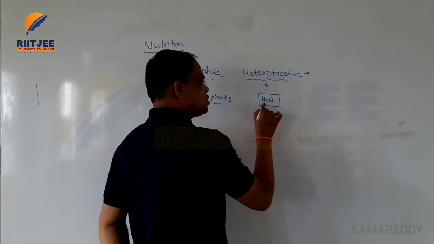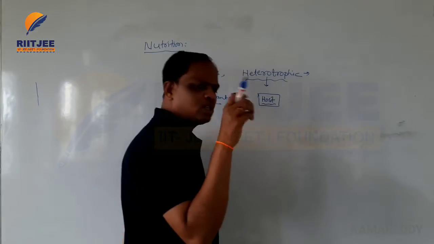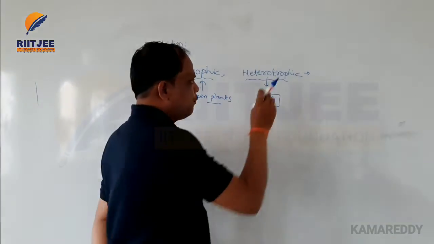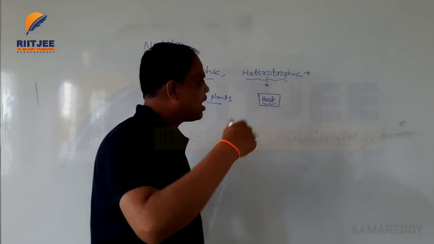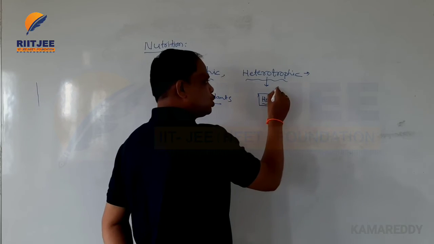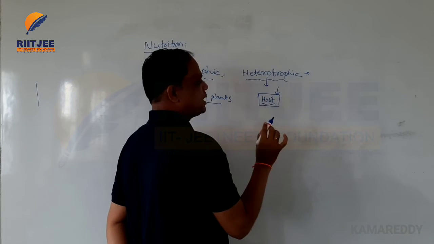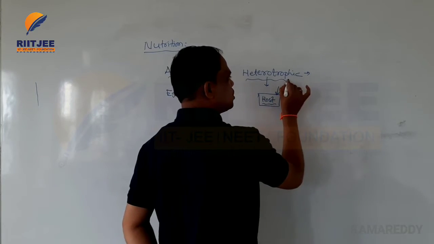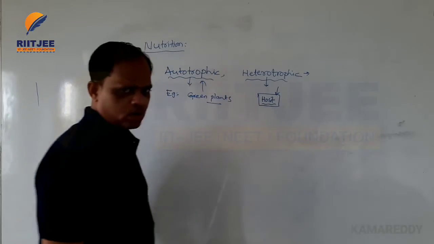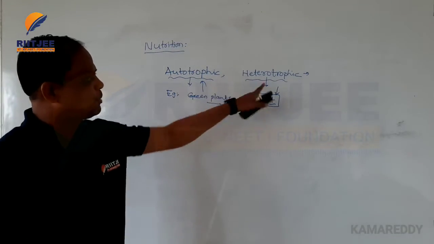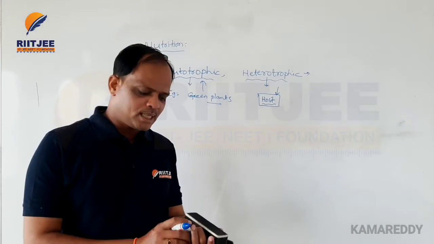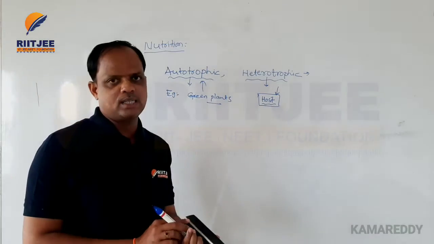Such an organism is called a host cell or host organism. Organisms that are directly or indirectly dependent on that host organism are called heterotrophic organisms or parasites. Okay, so these are the two types of nutrition present in all living organisms.